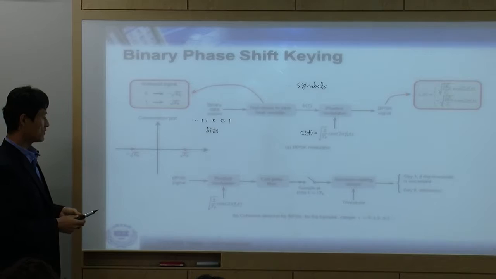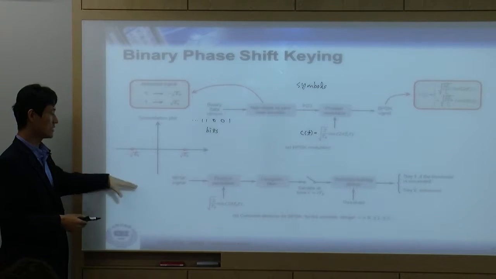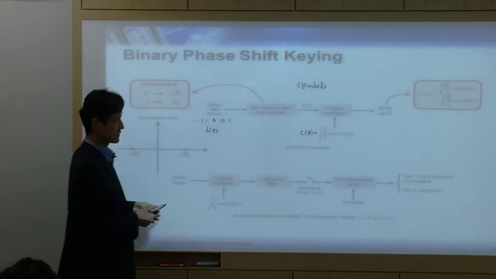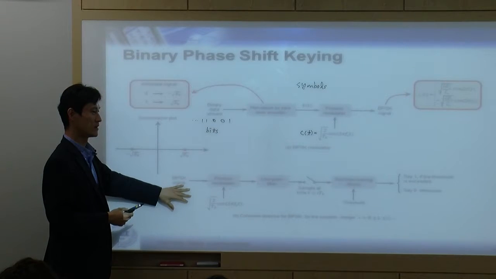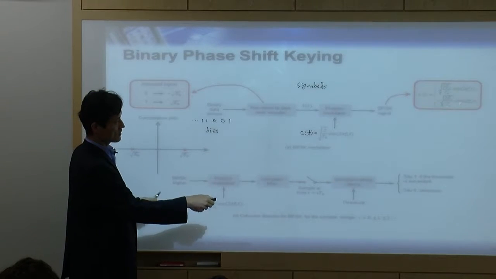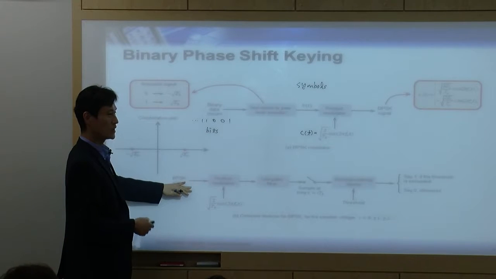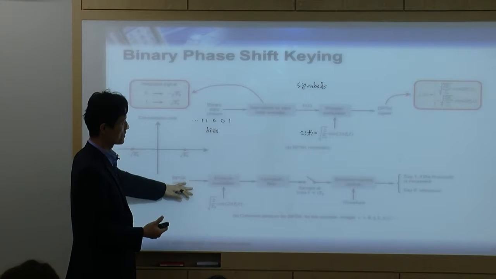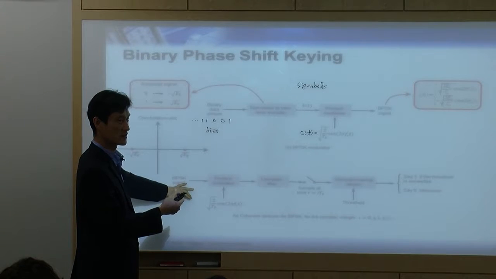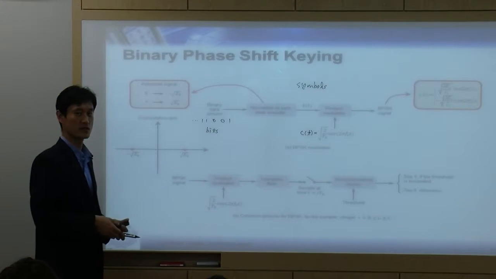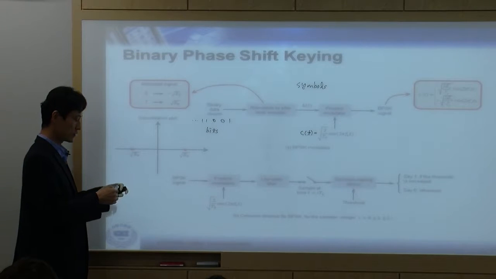Now suppose that we have no noise, channel is perfect. In that case, this signal is now coming into the receiver. So if this signal is coming into the receiver, what we need to do first of all at the receiver is to multiply the carrier, the same carrier again, right? That's the same as in analog communication, right? In analog, you also do the same thing.